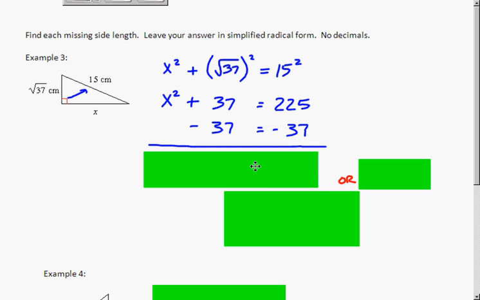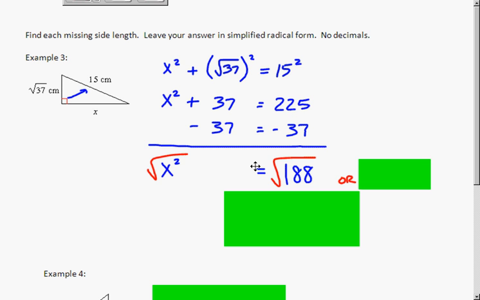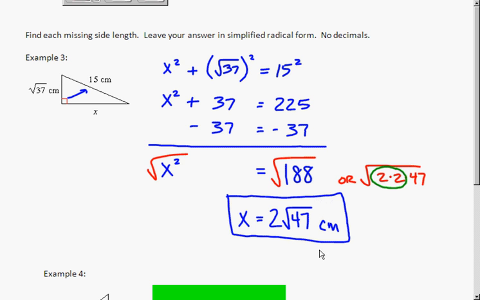Subtract 37 from both sides, leaving x squared equals 188. Square root both sides to get rid of the square. Now when you square root 188, you can break it down into 2 times 2 times 47, so you're able to factor out a 2. This is the simplified radical form. So your answer is x equals 2 square root 47, and that would be centimeters.